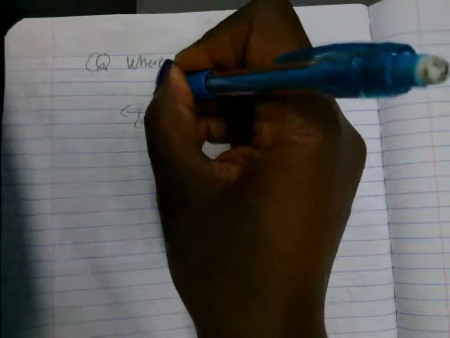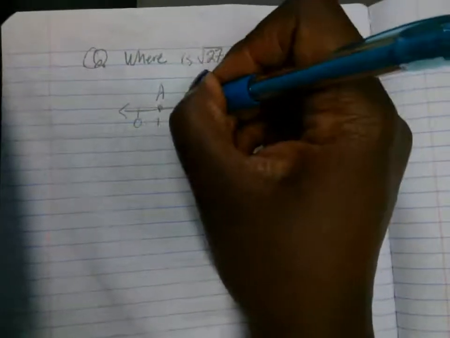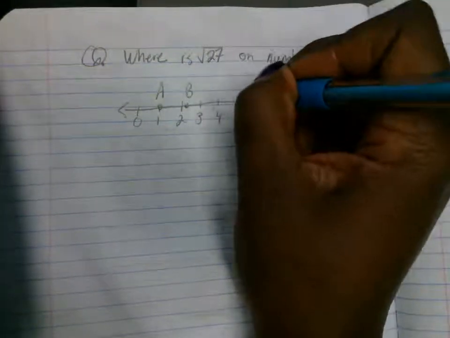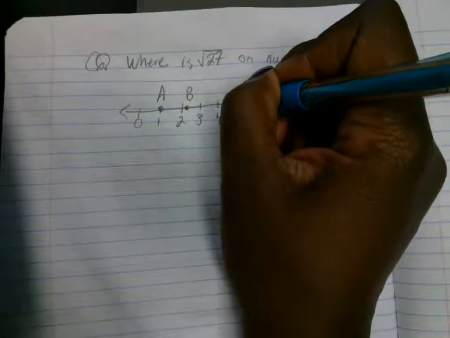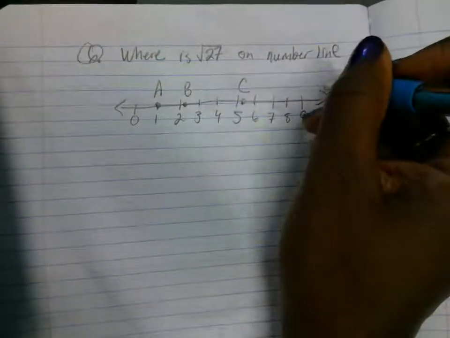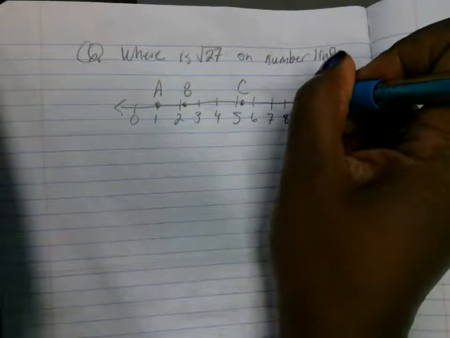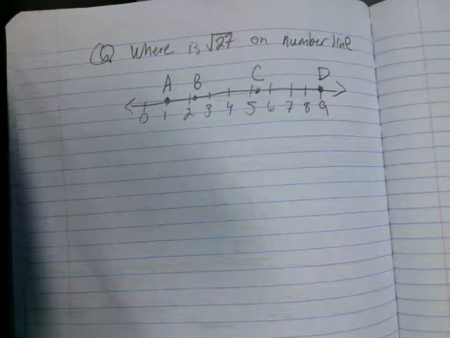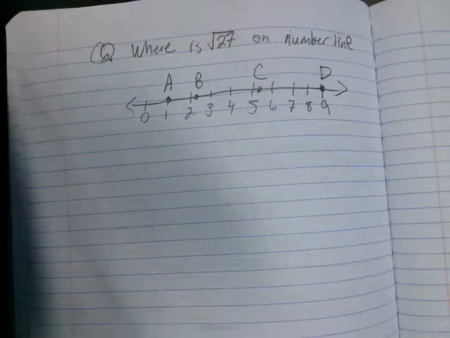Do you think it would be here at A? Do you think it would be here at B? Do you think it would be here at C? Or do you think it would be here at D? Okay, so you decide. I'm going to pause for the calls. You tell me which letter you think it is.